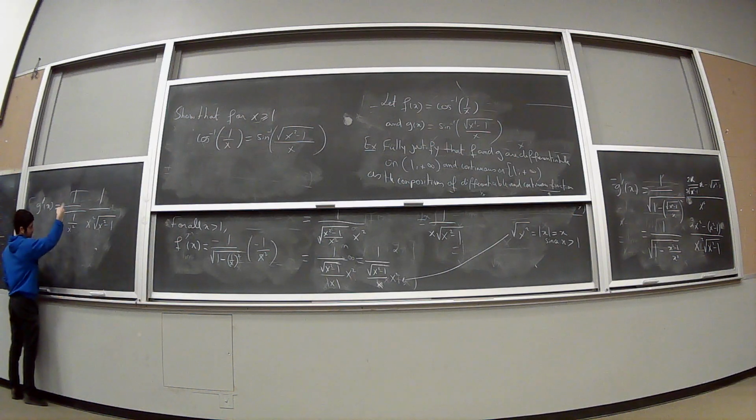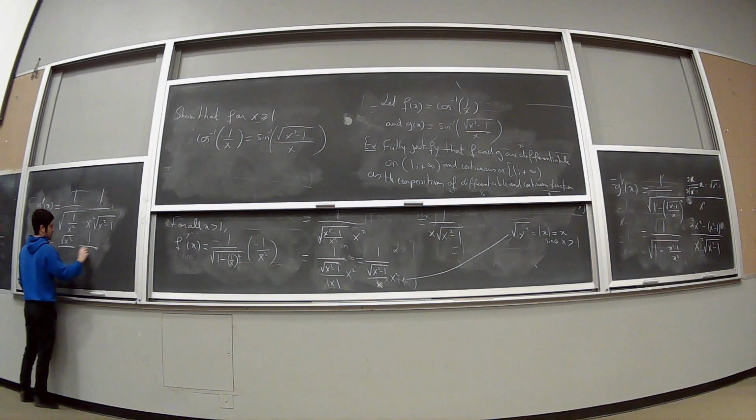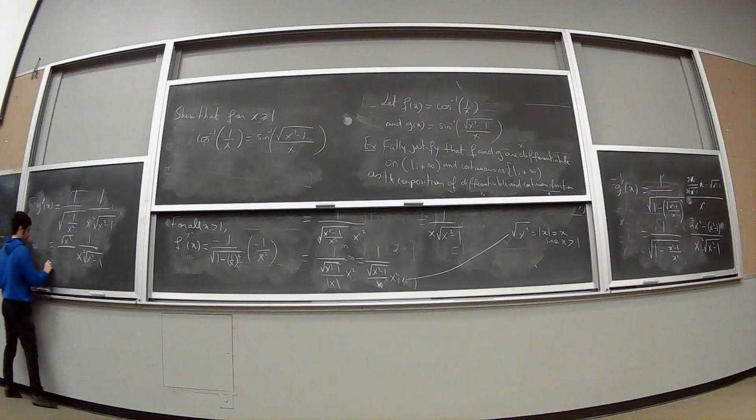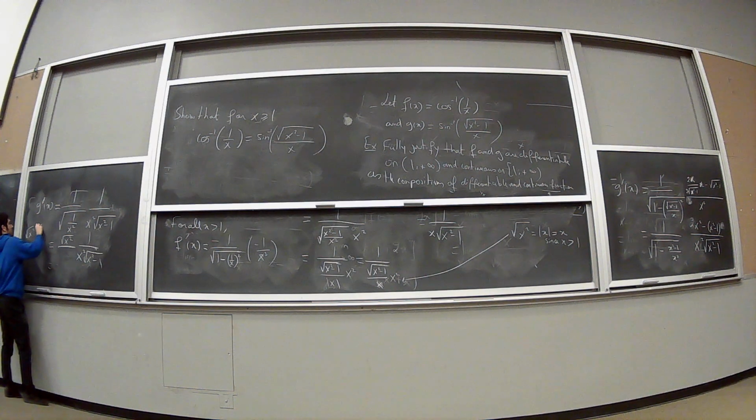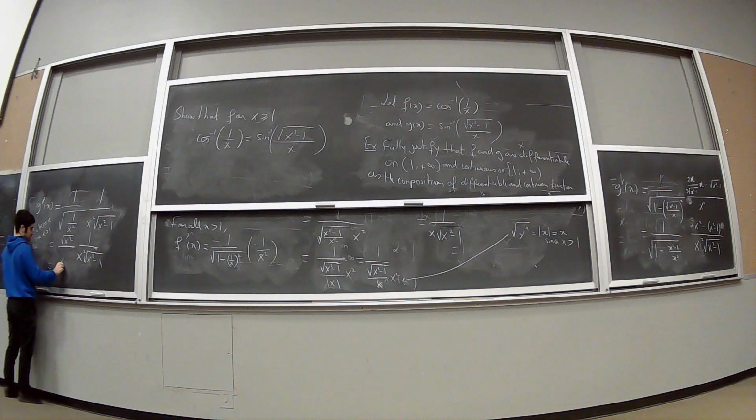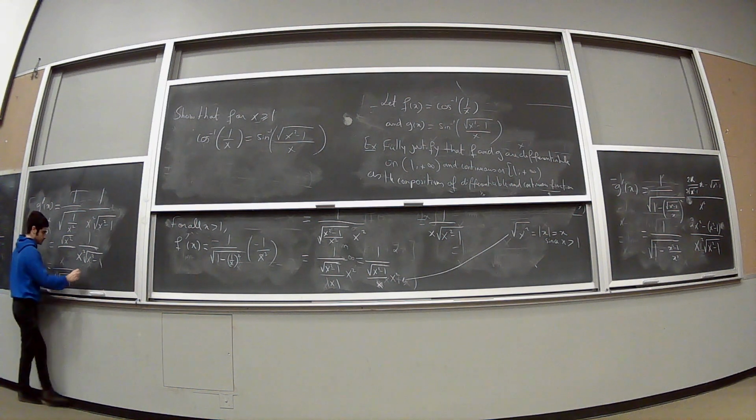I put the x squared on top, so I get square root of x squared times 1 over x squared, square root of x squared minus 1. Now the square root of x squared is the absolute value of x, which is equal to x, since x is strictly bigger than 1. So you have an x divided by x squared, square root of x squared minus 1. And then, boom, very nice.